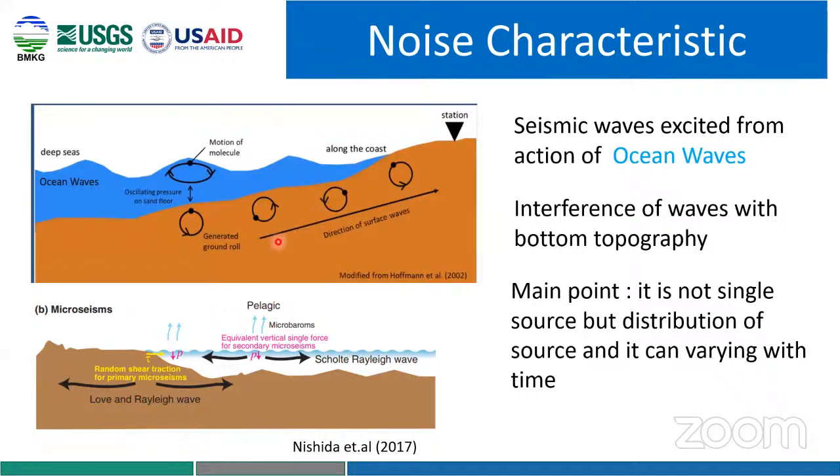The surface wave propagates through the land, and it can propagate hundreds to thousands of kilometers within a stable continent interior. The main point here is that the surface wave is not generated from an earthquake; it is not a single source but a distribution of sources, and it can vary with time.